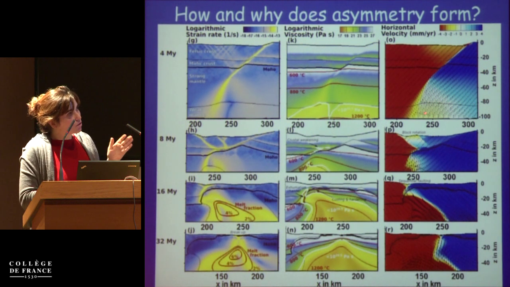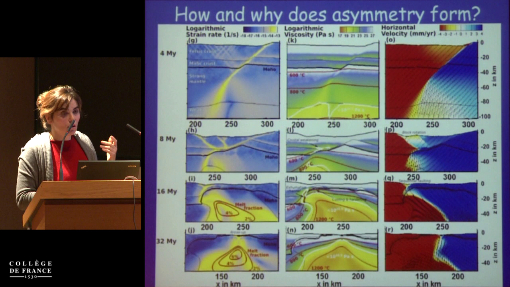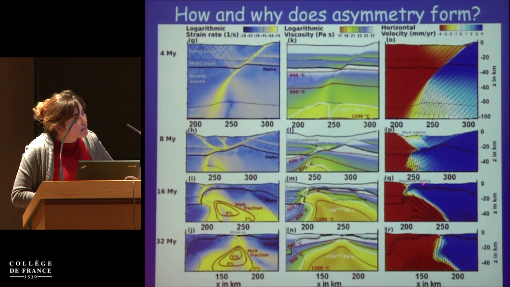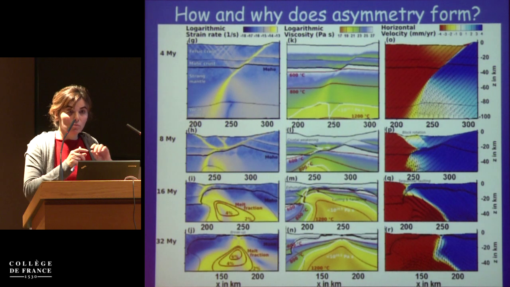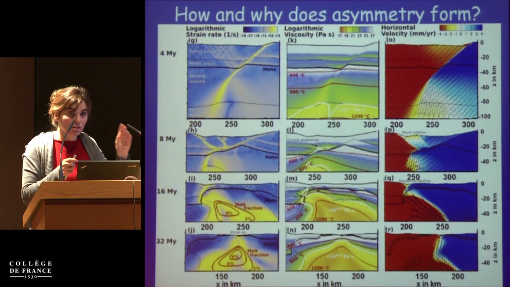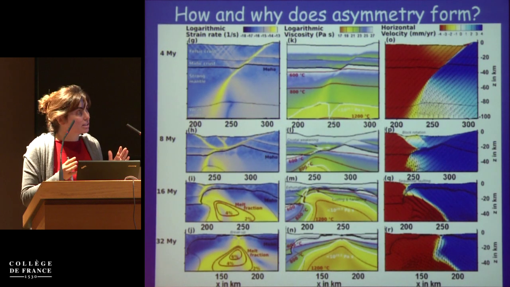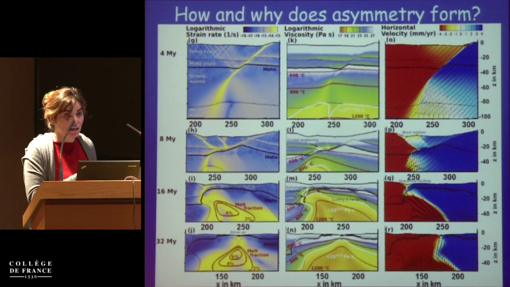When we go to fault localization and sequential faulting, only one fault is active at a time for around 1 million years. These faults accumulate a very high extension velocity because they are accumulating the whole extensional velocity in one single fault. So we have actually a very slowly extending system with a fault that presents a very high slip rate.